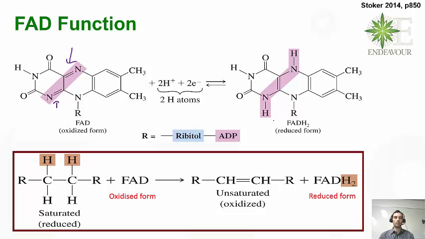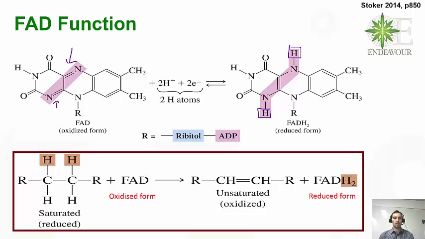That's what gives the FAD the capacity to take on these two hydrogens. There are extra double bonds which can be broken to instead form bonds with the hydrogens. So the FAD can happily exist in either of these two forms.